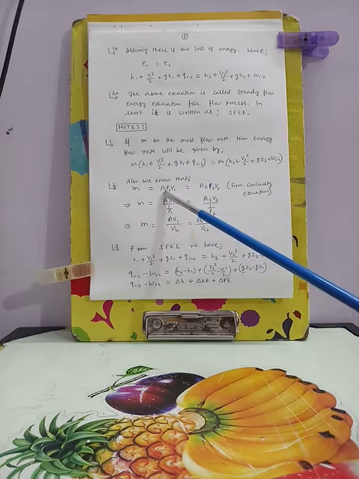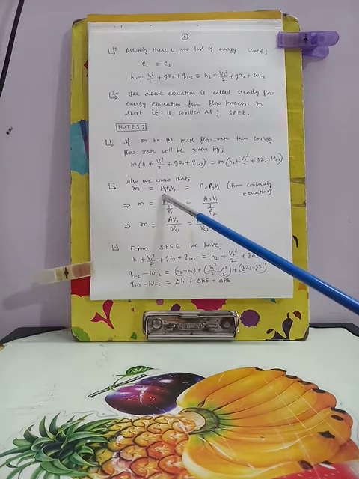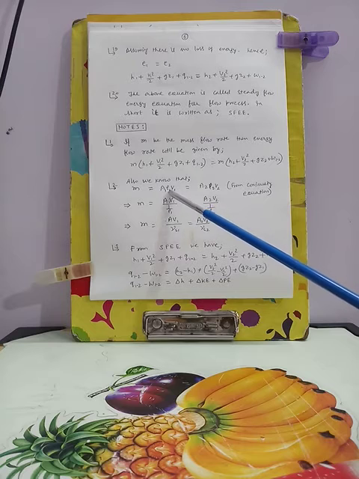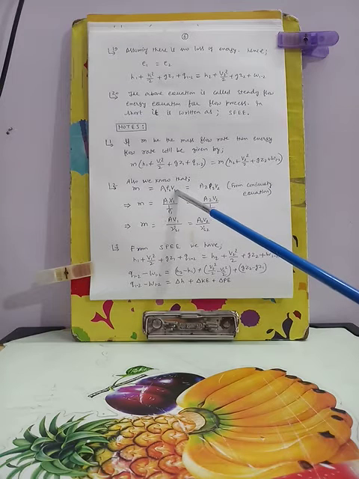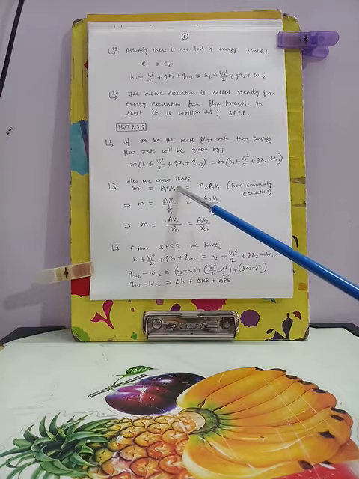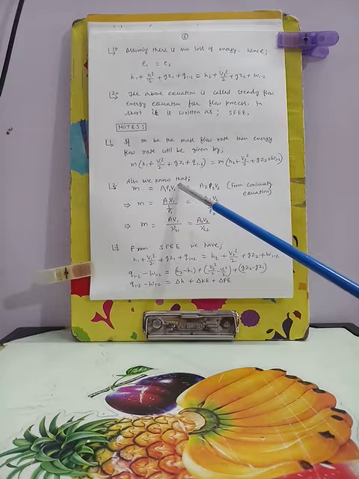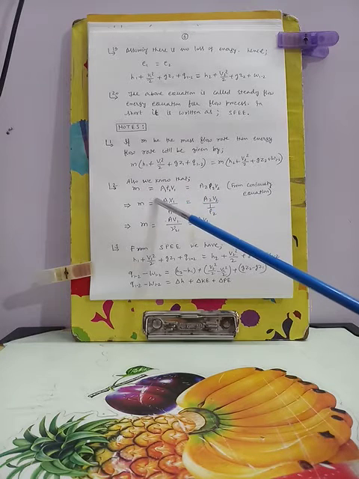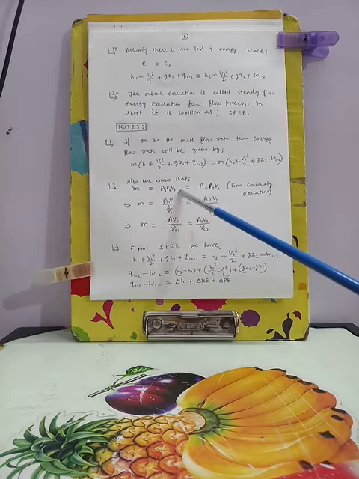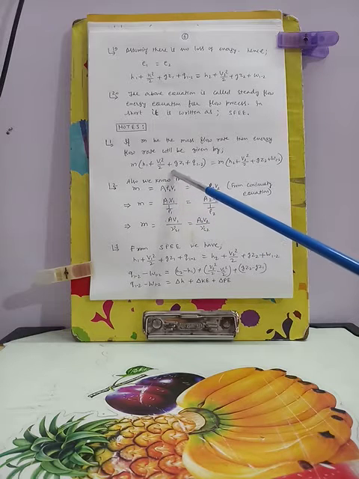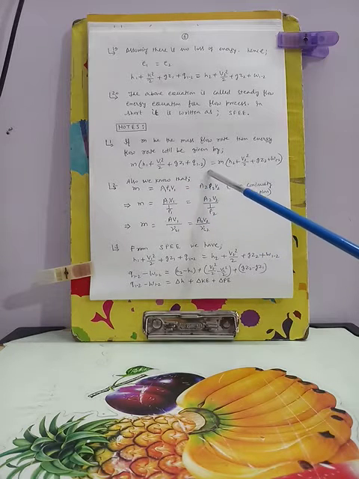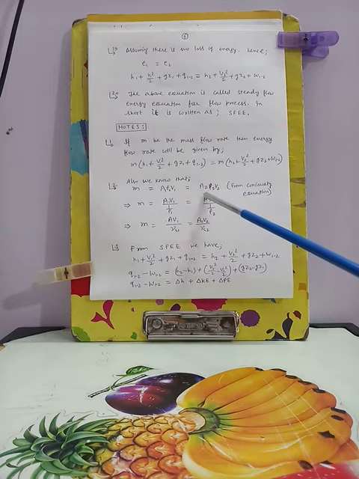A1 is the cross section area at that point, rho 1 is the density of the flowing fluid at that section, and V1 is the velocity of the flowing fluid at that section. But due to steady flow, the rate of flow of mass at the inlet section will be equal to the rate of flow of mass at outlet.